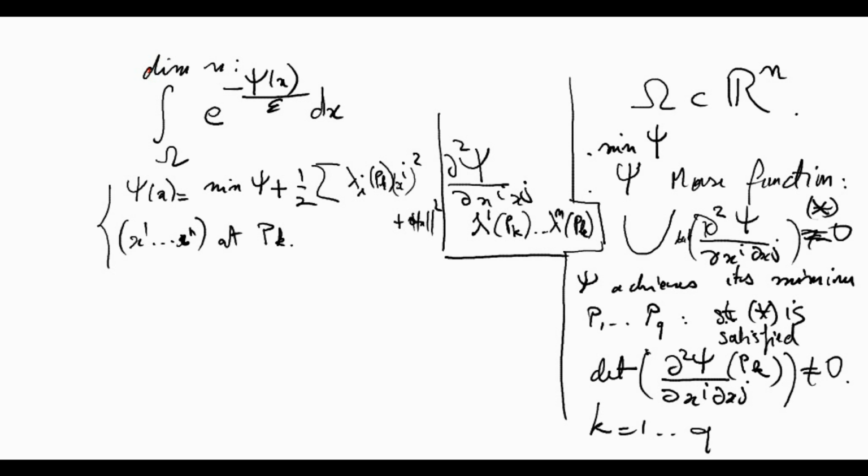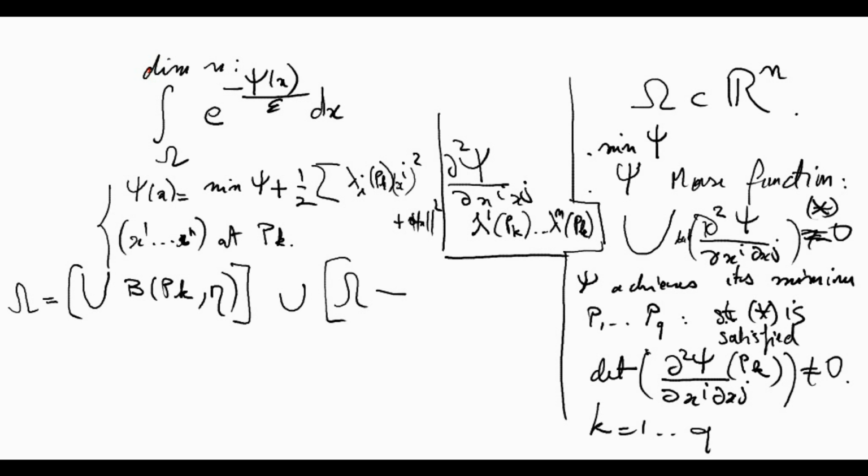So now we can take a ball around each of these points of radius eta and consider the ensemble of all these points. And so now we can separate omega as the union of these balls, union omega minus the union of the balls B(p_k, eta).